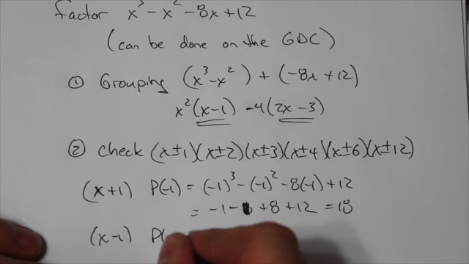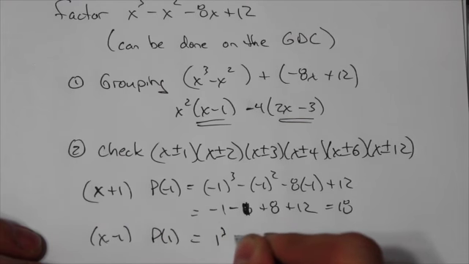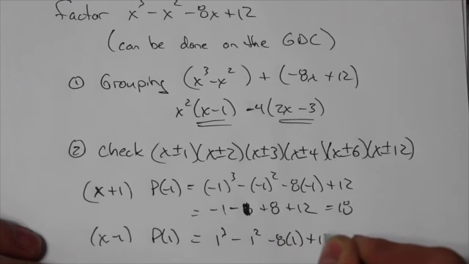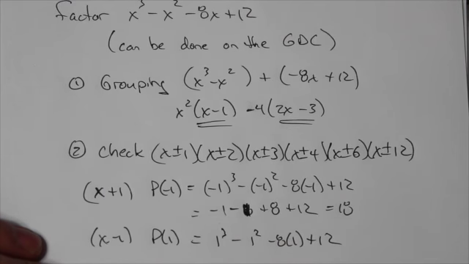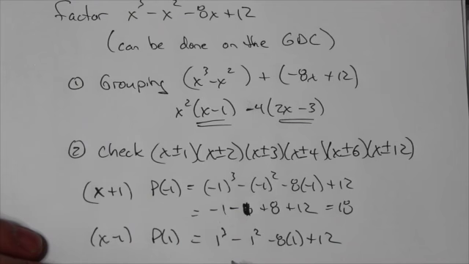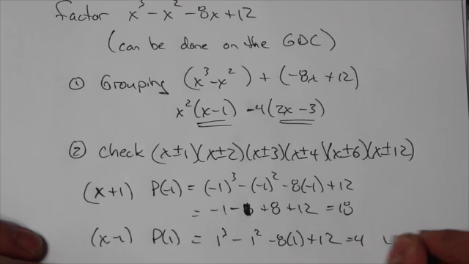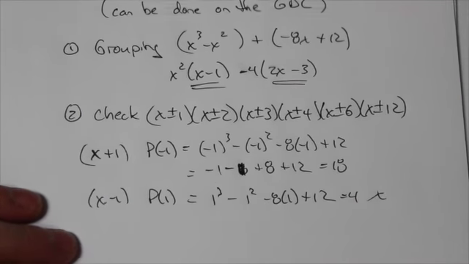x minus 1. So I'm going to plug 1 in. It's 1 cubed minus 1 squared minus 8 times 1 plus 12. So 1 plus minus 1, those cancel out, and that's going to equal 4, so that's not a factor either. Moving right along.